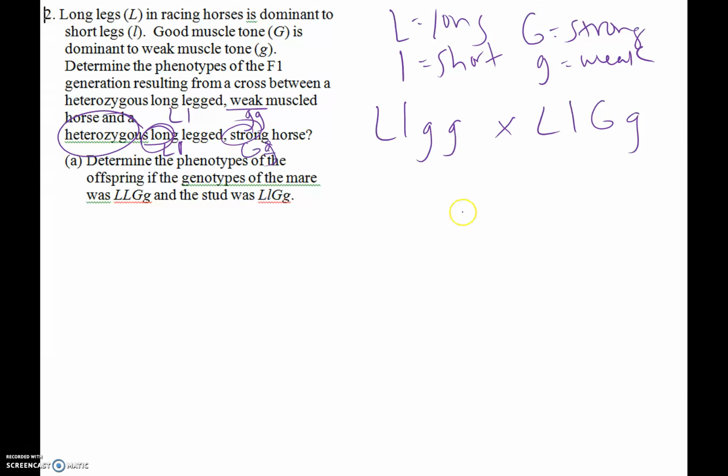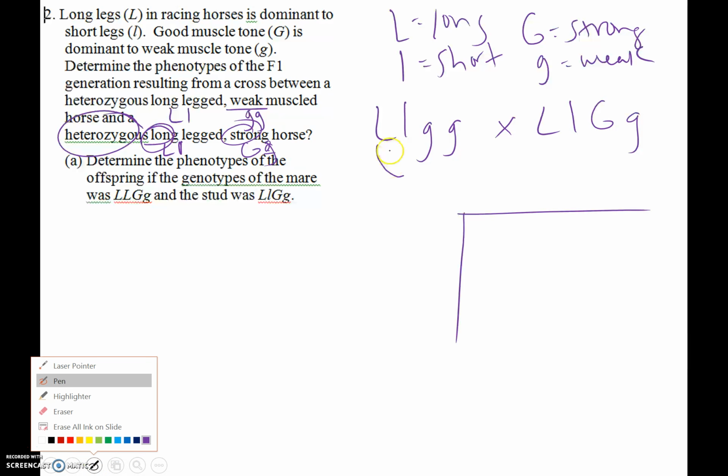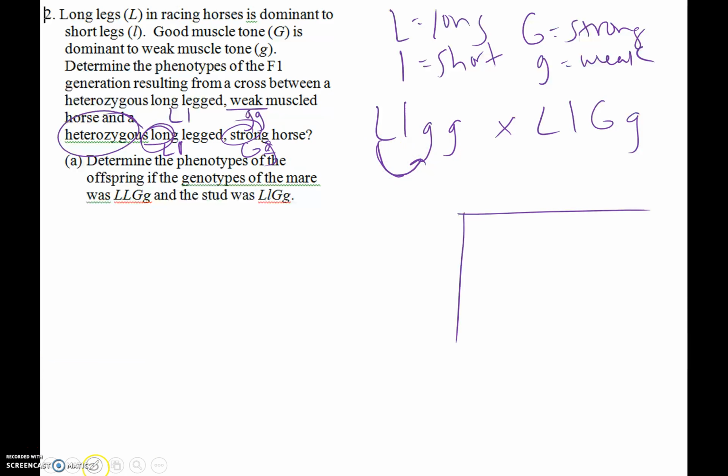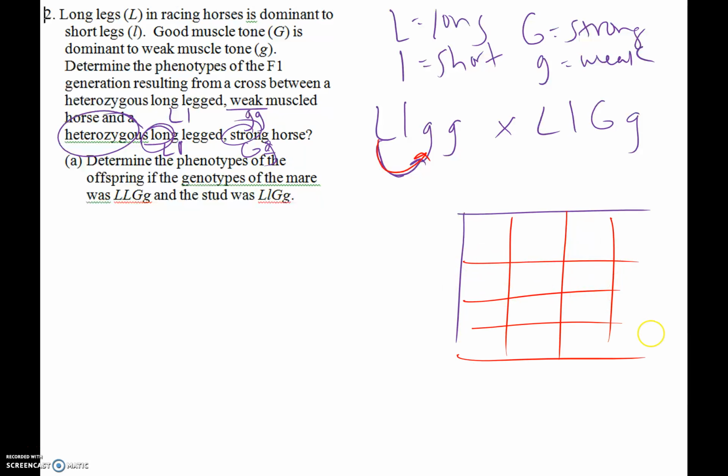So when we set up our Punnett square, we're going to go here. I'll use a different color. So this dominant L can go with that one, or it can go with that one. And then lowercase, like that.